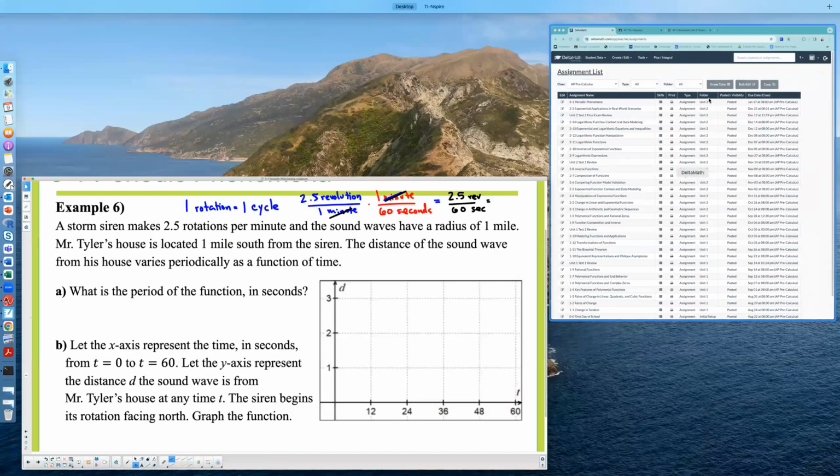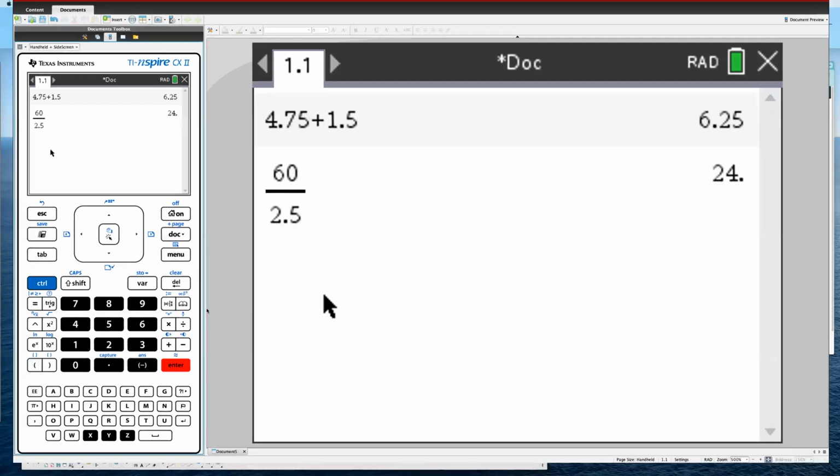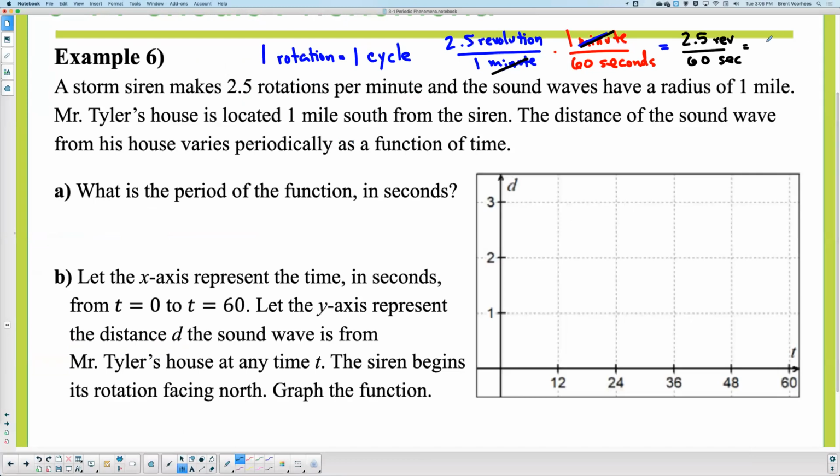Let's just use a calculator: how many times can 2.5 go into 60? 24 seconds. 24 seconds is going to be 1 period. So if 1 revolution equals 24 seconds, then the period equals 24 seconds. That's what we just discovered there.